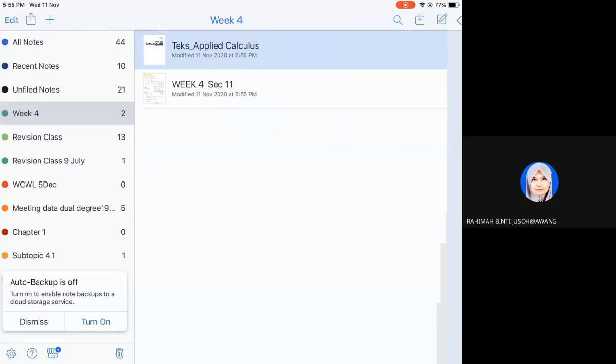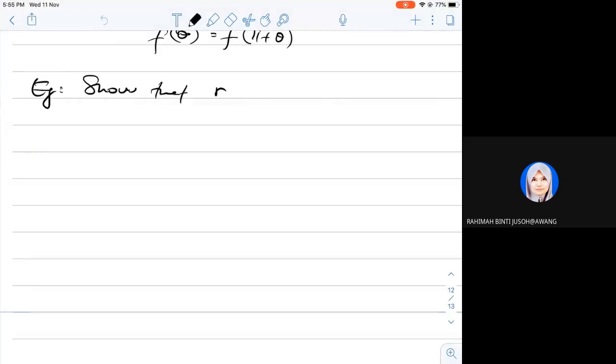Okay. R equals 3 plus 3 sin theta is symmetric about apa tadi? Y axis.